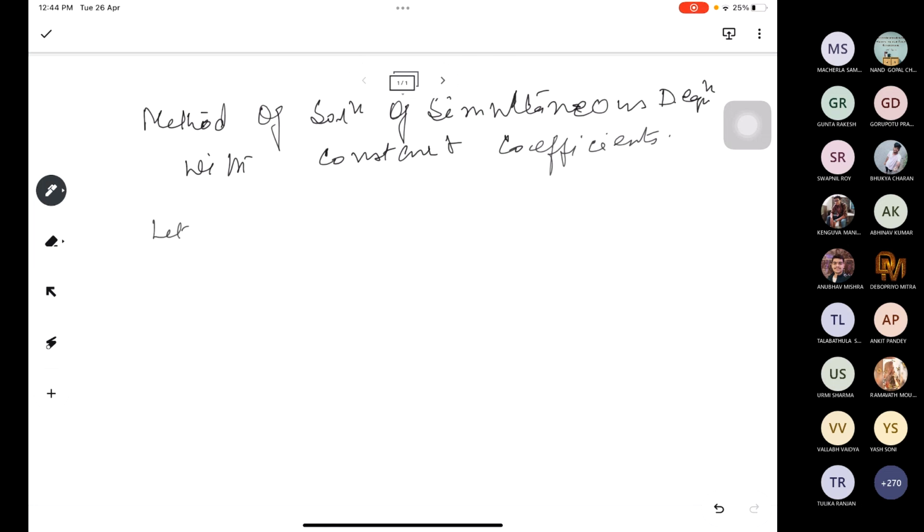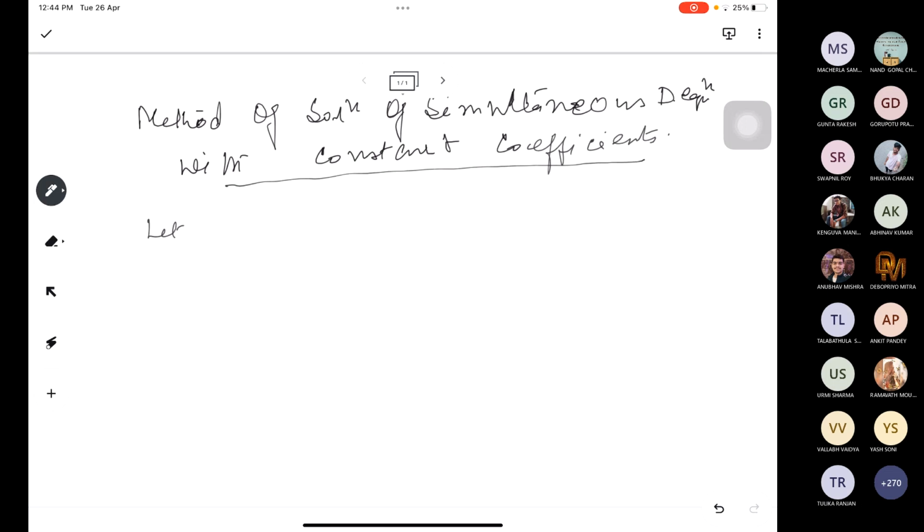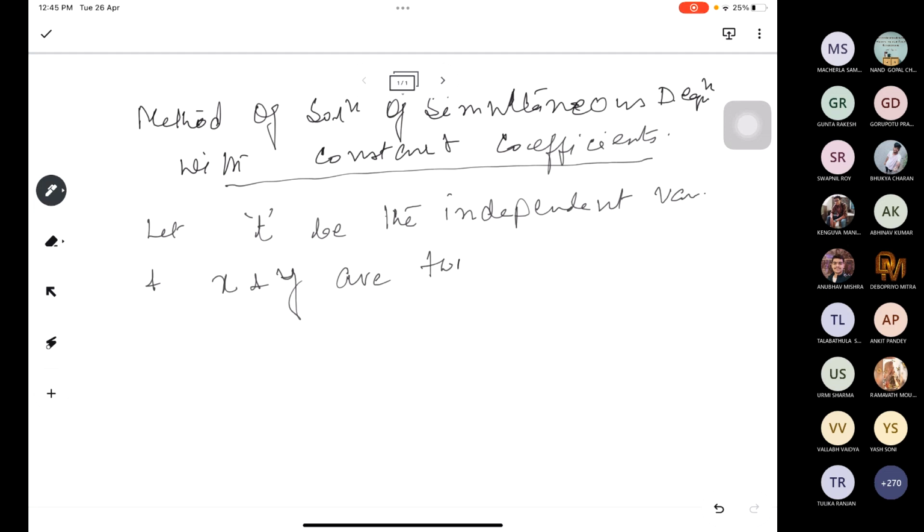Let us consider t to be the independent variable, and x and y are two dependent variables.